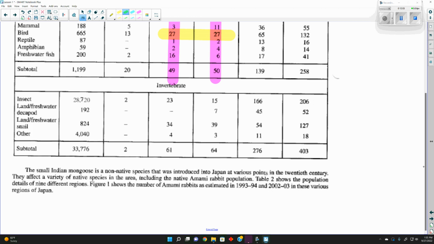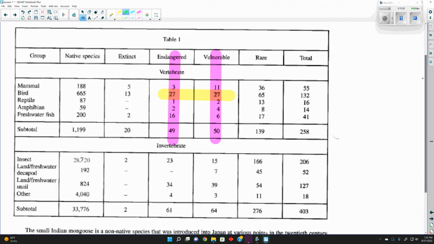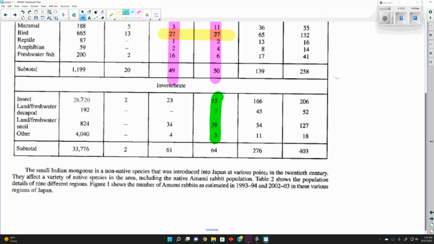Now for number 9, so how many invertebrates that did not fit into insects, land, freshwater decapods, land, freshwater snails? So, and are vulnerable. So vulnerable is the third category. So we have this here, yes? Yes. So there's how many total? So how many were insect? 15. How many were land, freshwater? 7.